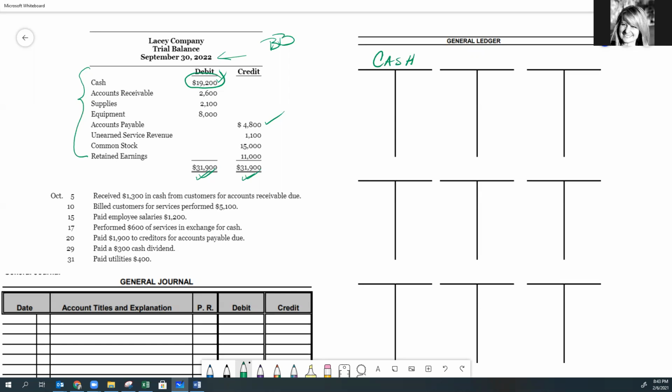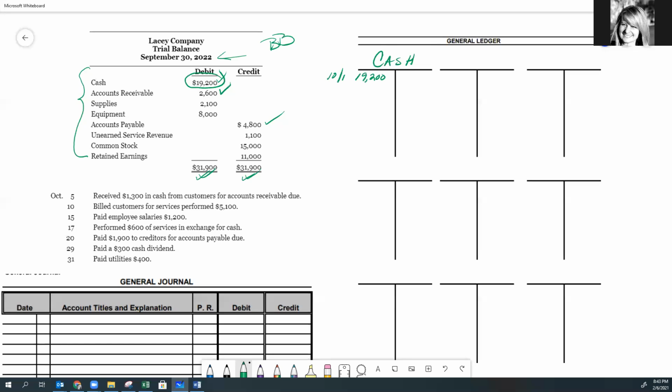We put our 10-1 beginning balance. Again, if this was a trial balance as of the end of September 30th, then these are our opening balances as of the beginning of October. Cash has a debit balance, so we're going to put it on the debit side, 19,200.